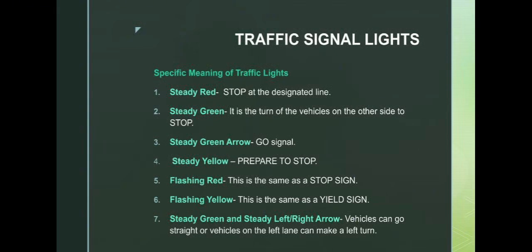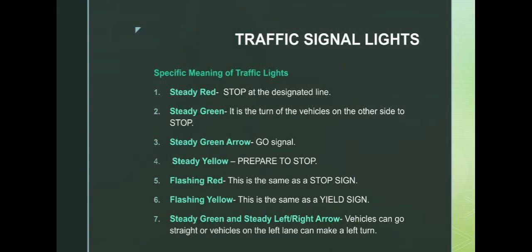Steady red, stop at the designated line. Steady green, it is the turn of the vehicles on the other side to stop. Steady green arrow, go signal. Steady yellow, prepare to stop. Flashing red, this is the same as a stop sign.